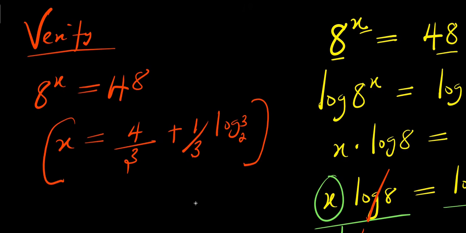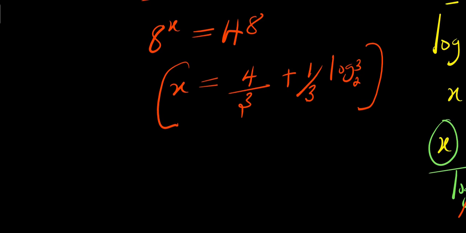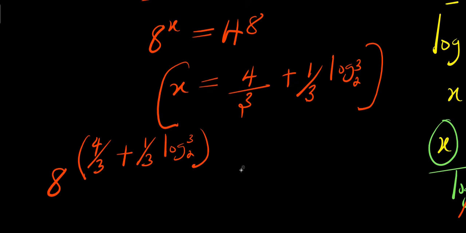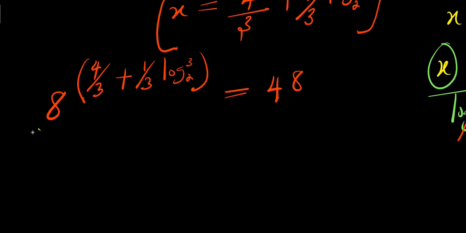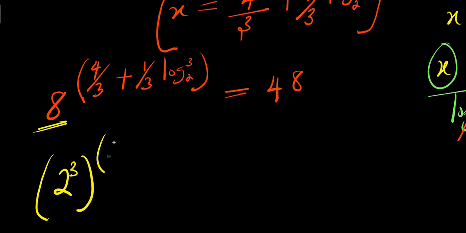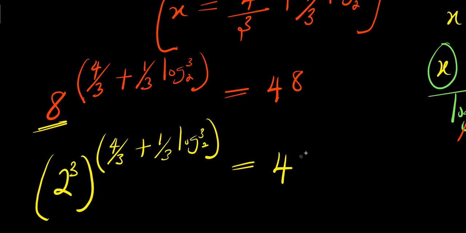Substituting this for x, we have 8 power 4 over 3 plus 1 over 3 of log 3 to the base of 2 equals 48. From here, we express 8 as 2 power 3, raised to the power of 4 over 3 plus 1 over 3 of log 3 to the base of 2 equals 48.